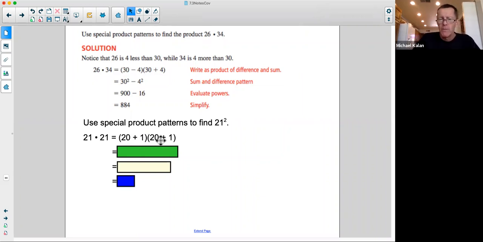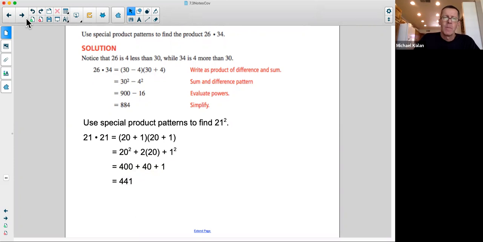So we could FOIL it out, or we know it's just going to be 20 squared plus double the product, right? The product of 20 times 1 is 20. Double it means multiply it by 2, and then square the last term. And you can do all of this in your head. So 20 squared, we know, is 400. 2 times 20 is 40. Easy stuff to do, okay?